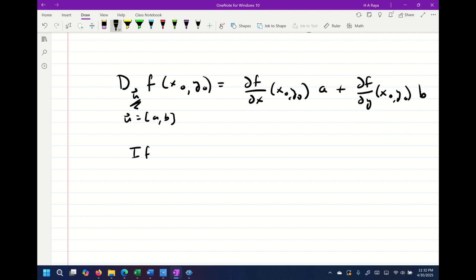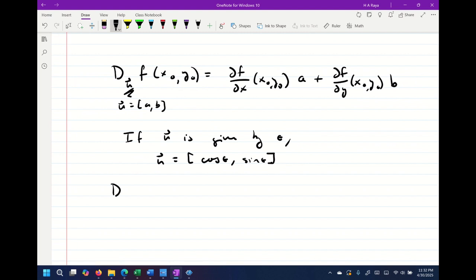If your unit vector is given by an angle theta, recall that the unit vector would have coordinates cosine theta for the x coordinate and sine theta for the y coordinate.